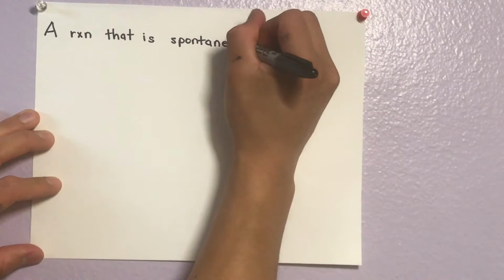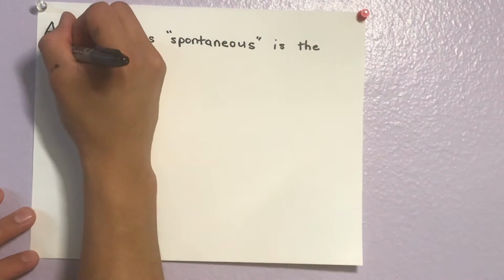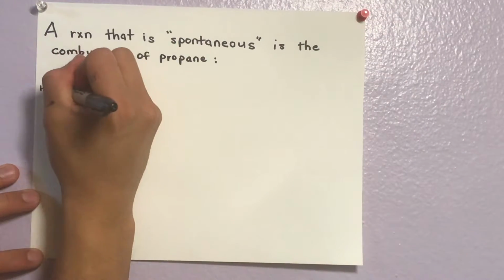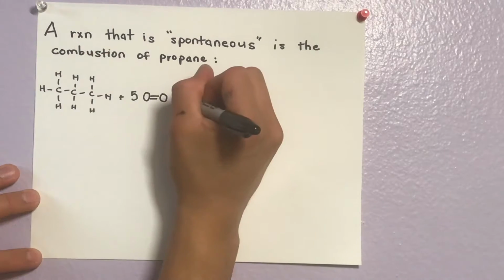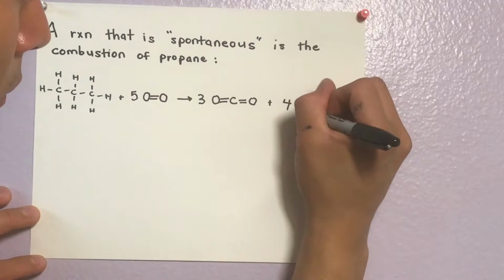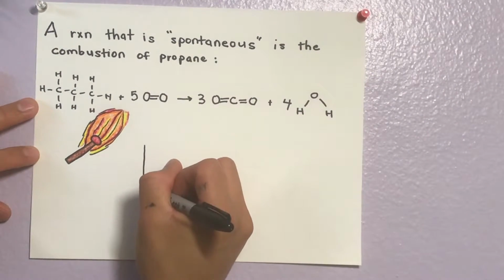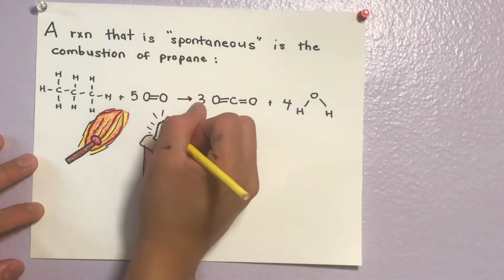Chemical reactions are always taking place, and many of them can be observed on a regular basis. For example, the combustion of propane occurs when an energetic molecule reacts with oxygen to produce carbon dioxide and water. This particular reaction takes place every time a match is ignited to start a fire or burn a candle.